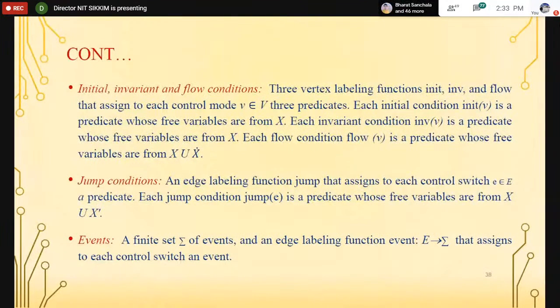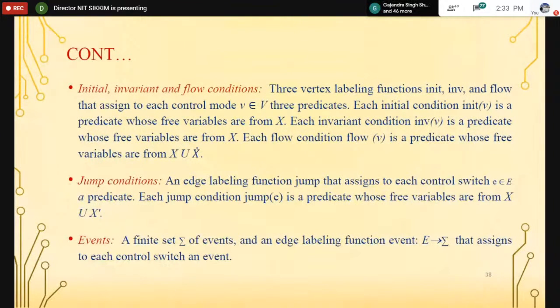We use differential equations to represent the various flows, because differential equations are very useful, especially in representing system conditions in industry. So your conditions can be in the form of that kind of equations also.